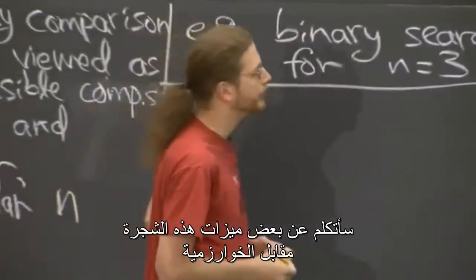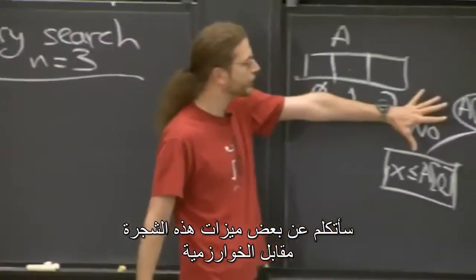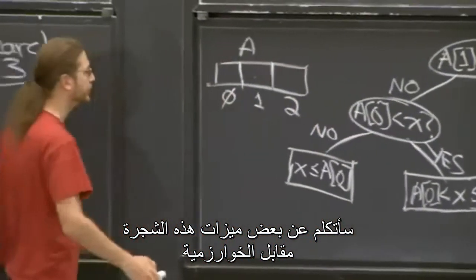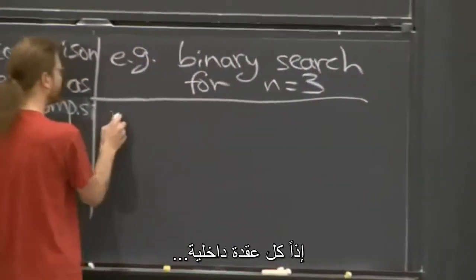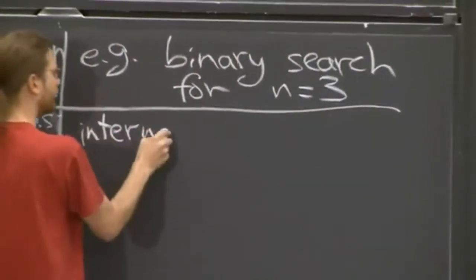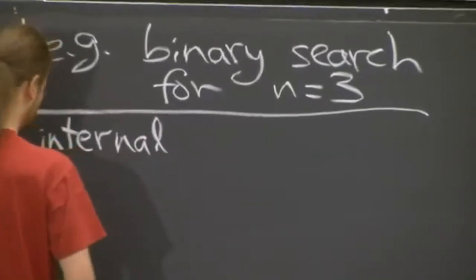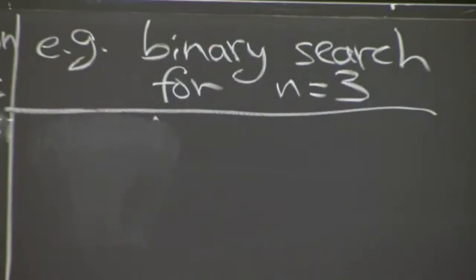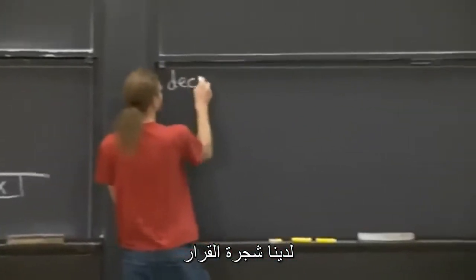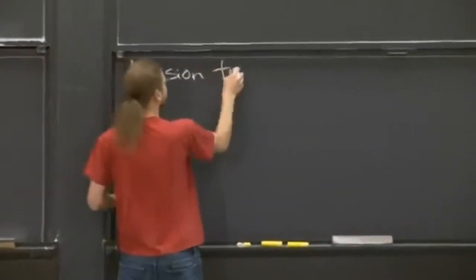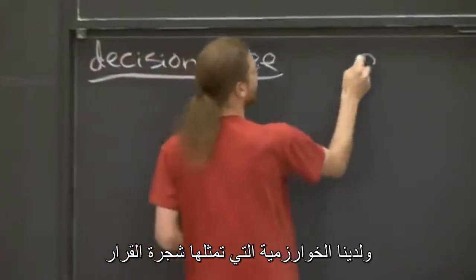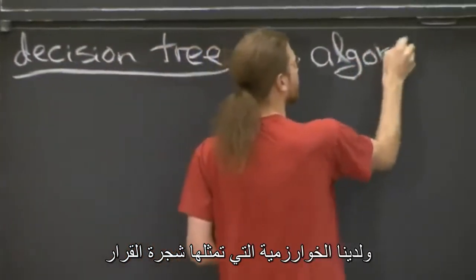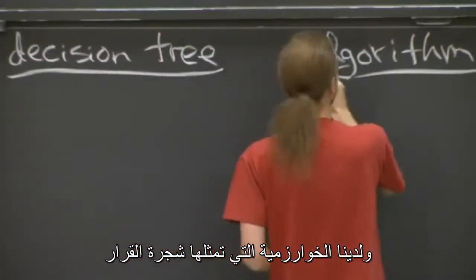Okay, so let me talk about some features of this tree versus the algorithm. So we have a decision tree, and we have an algorithm that decision tree represents.